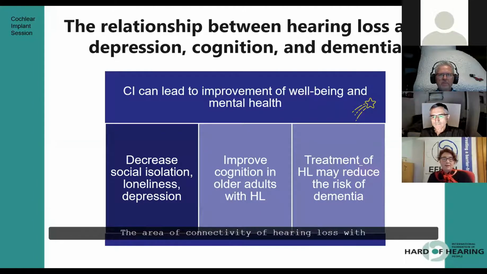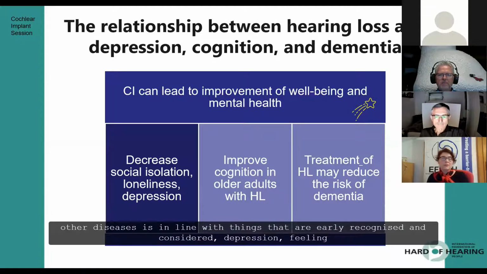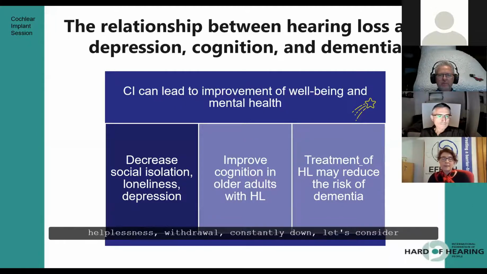The area of connectivity of hearing loss with other diseases is, in my opinion, relatively poorly recognized and considered. Depression, feelings of helplessness, withdrawal are constantly popping up. Let's consider the current situation and whether the impact of hearing loss on a person during the COVID-19 pandemic is really understood.